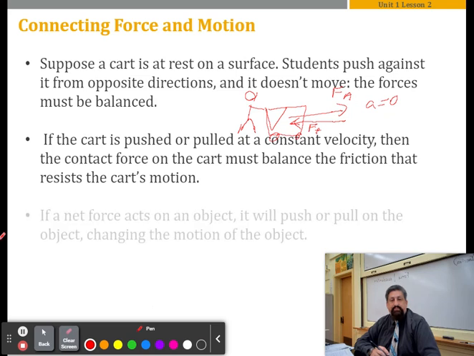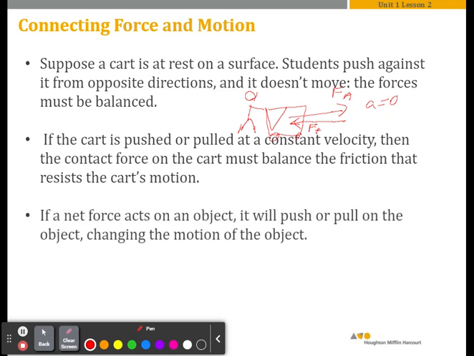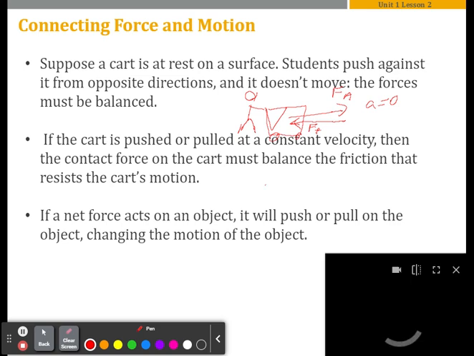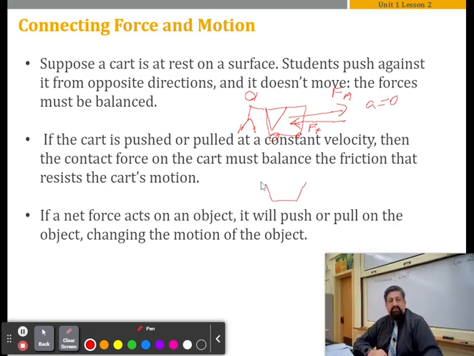These are balanced forces. If you have a net force acting on the object, you're going to have a change in motion. So if, for example, you decide to race your friend to the parking lot, you're pushing that cart. I know it's a very large cart.